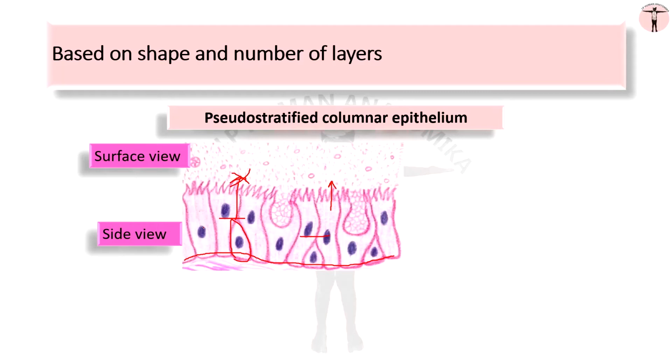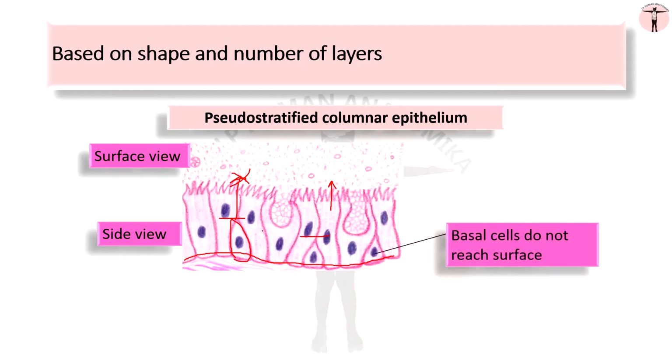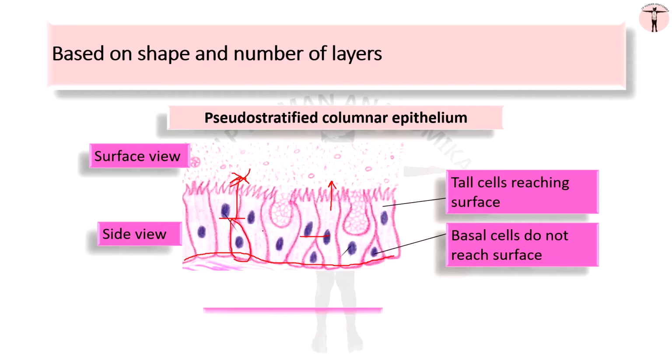There you can see the basal cells which do not reach the surface, and the tall cells reaching the surface. The nuclei in both groups are present at different levels. Hence, it gives the appearance of stratified epithelium.